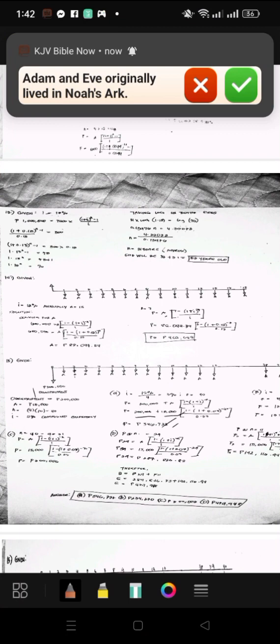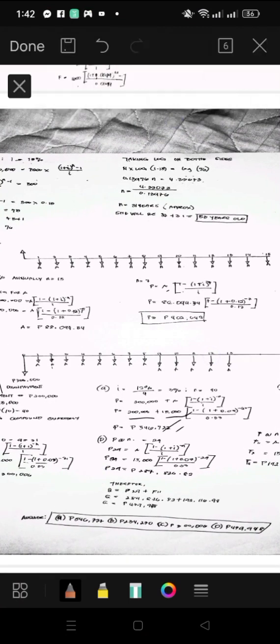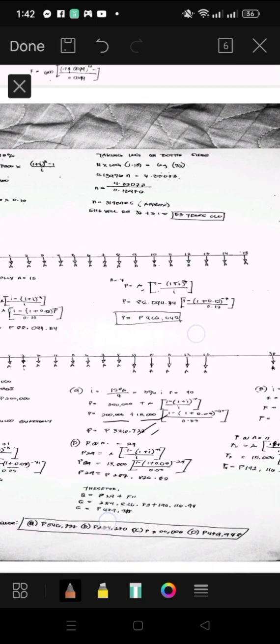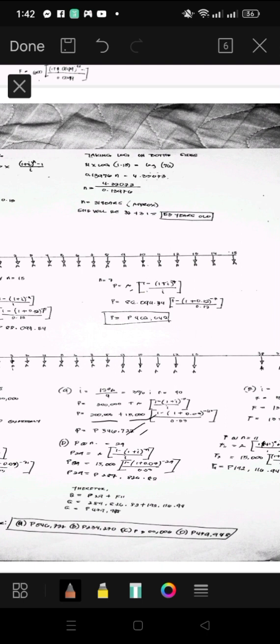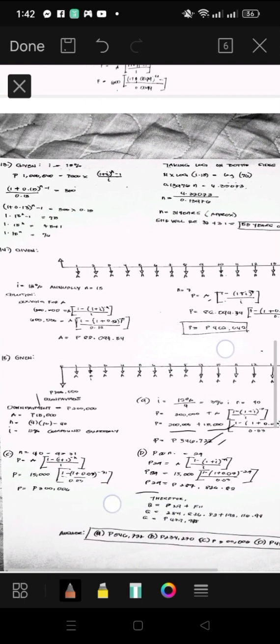if he misses the first 12 payments, what must he pay when the 13th is due to bring himself up to date?